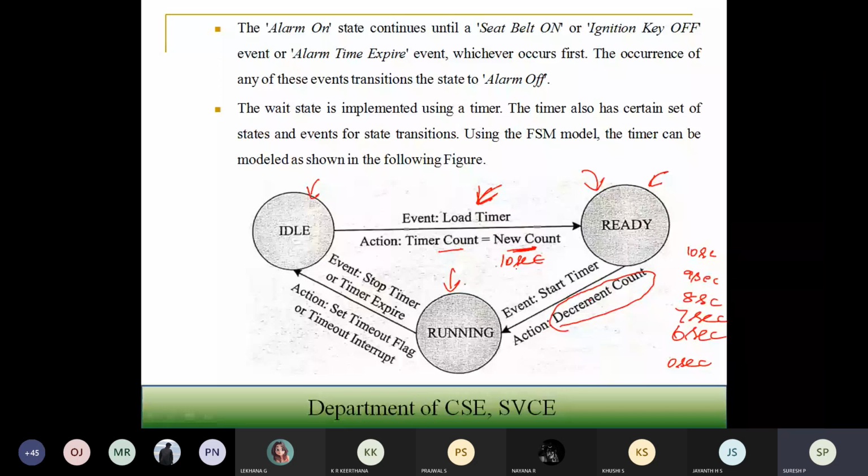So there are two timers we are using here. One is the timer which starts when going from waiting to the alarm on state. If any action is performed within that period, whether you fasten your belt or switch off your engine, that has to be taken care of.